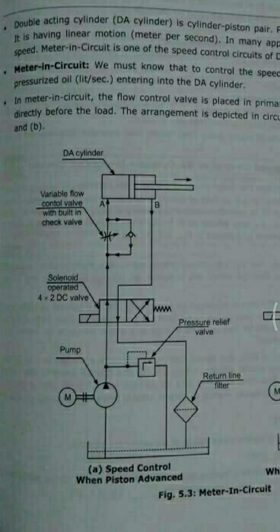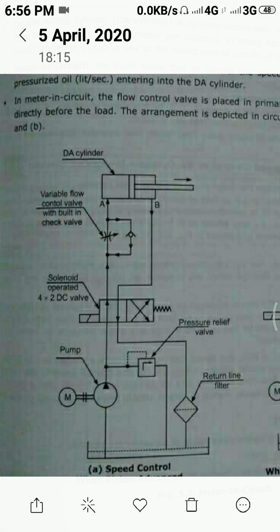The flow occurs inside the check valve in the direction of the arrow, so flow should be from the upside to the downside. Here pressurized fluid is available at the bottom side, so there should not be any flow through the check valve. So all the flow is occurring through the flow control valve.